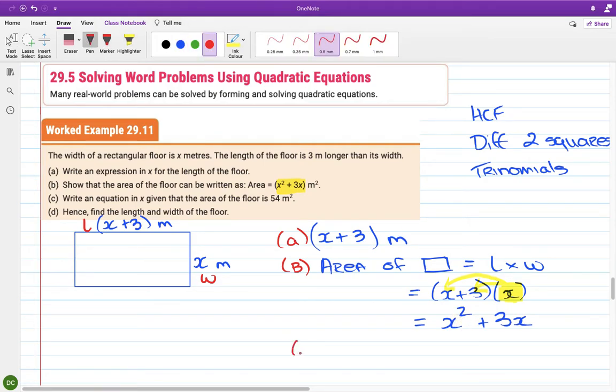Okay, next. Oh, no. C. Write an equation in x given that the area of the floor is 54 meters squared. Okay, so now they want us to write an equation, which means we'll need to equate one thing to another.